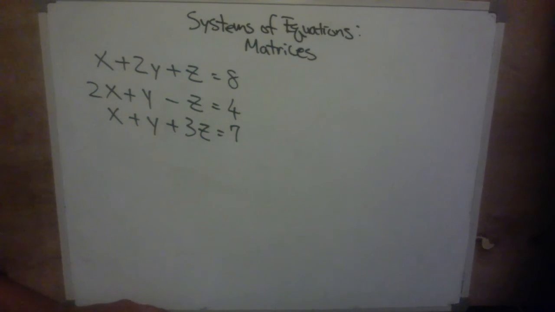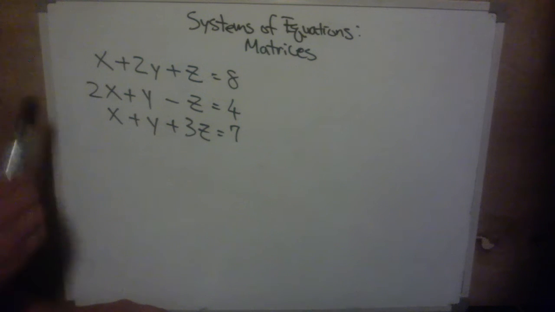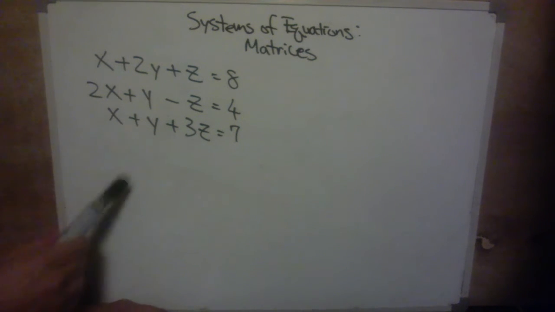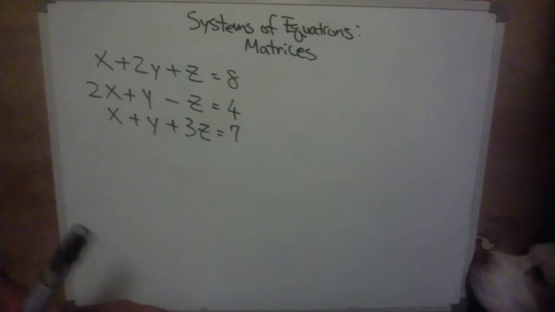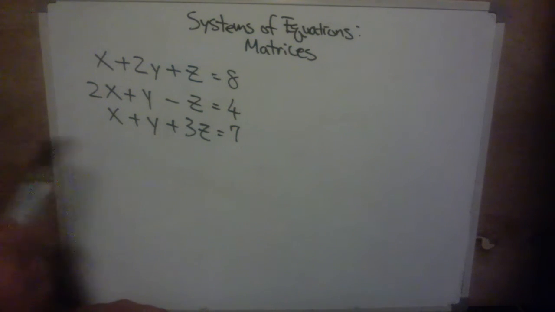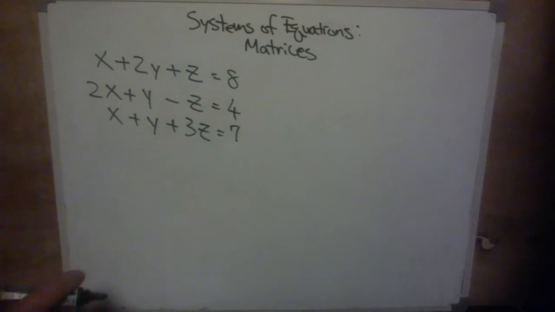A matrix is just a different representation of a system of equations. Just like you can represent a system of equations using variables and equal signs, you can also represent it using a matrix. I'll show you how to write this system using a matrix.